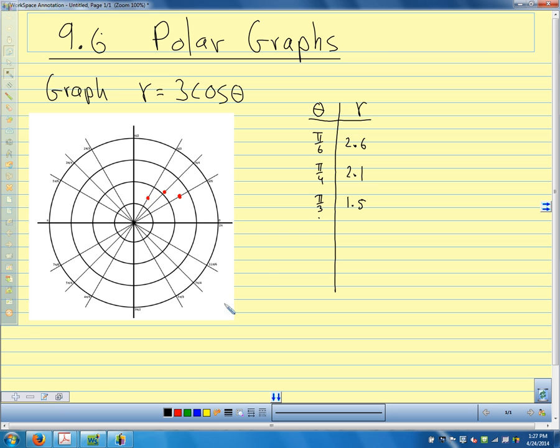And then at pi over 2, plugging that in, my radius is 0. So I get a point here at the pole. Then I'm going to keep going so we get an idea of what this looks like. So at 2 pi over 3, when I plug that in, I get my radius is negative 1.5. So I go to 2 pi over 3 here, and I go the opposite direction, 1.5.